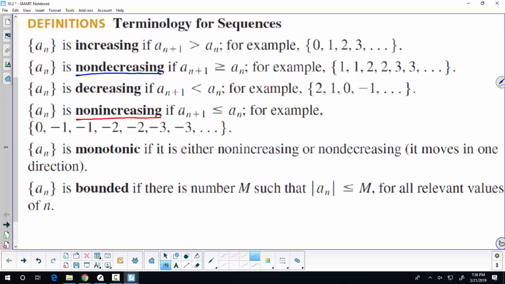So non-decreasing allows for repetition, right? Because it says if the next term, the a sub n plus 1 term, is larger than or equal to the previous. So non-decreasing simply means that it could be increasing or constant.